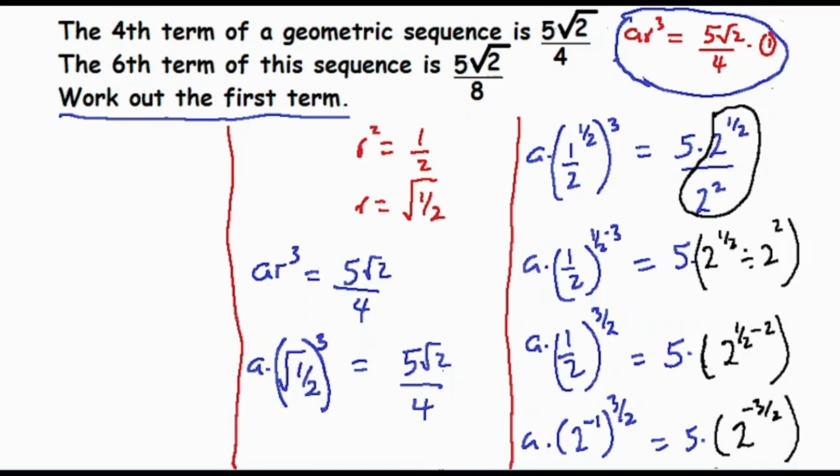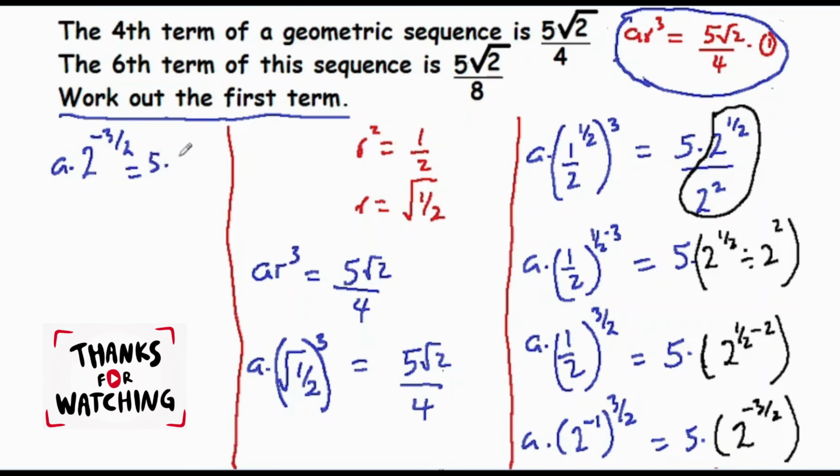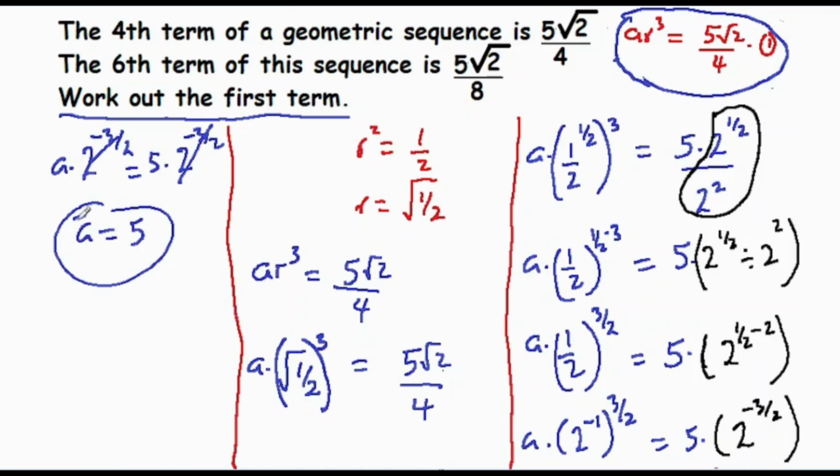Now we are going to have a multiplied by negative 1 multiplied by 3 over 2, so that's going to give us 2 raised to power negative 3 over 2 is equal to 5 multiplied by 2 raised to power negative 3 over 2. So 2 raised to power negative 3 over 2 we cancel out, then a is equal to 5. That's our final answer. Thank you for watching.